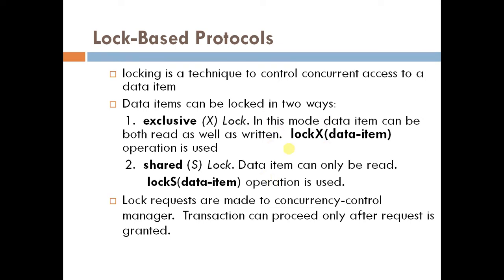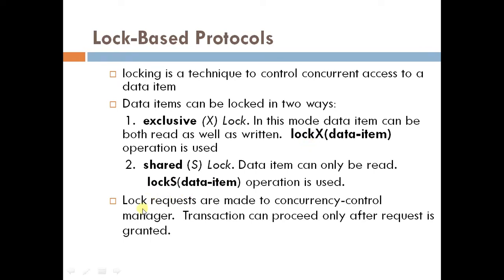However, if a transaction has acquired an exclusive lock on that data item, then no other type of lock will be granted. It means if an exclusive lock is granted on data item A, then no other transaction can be granted either an exclusive lock or a shared lock on that data item.